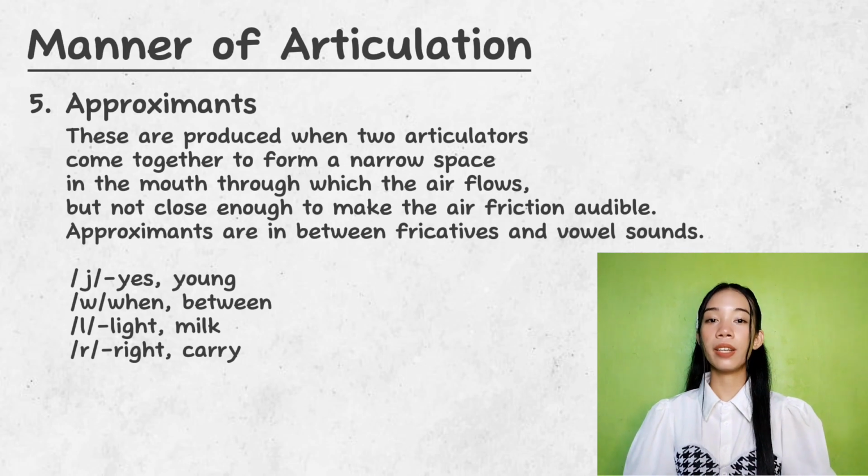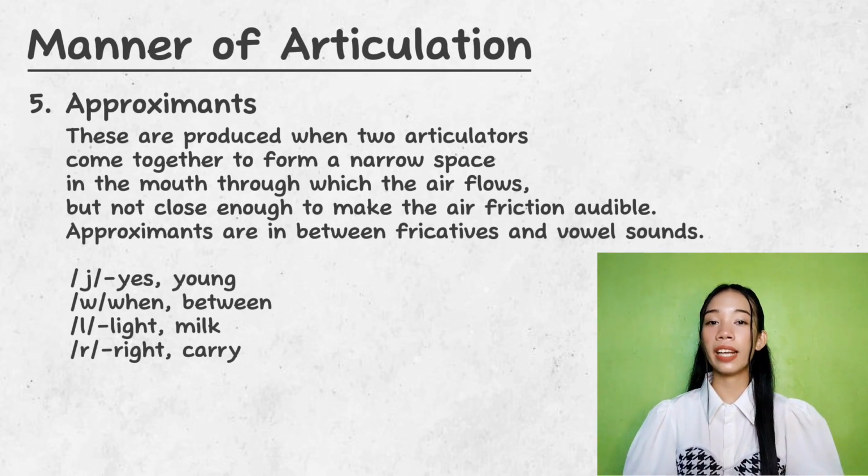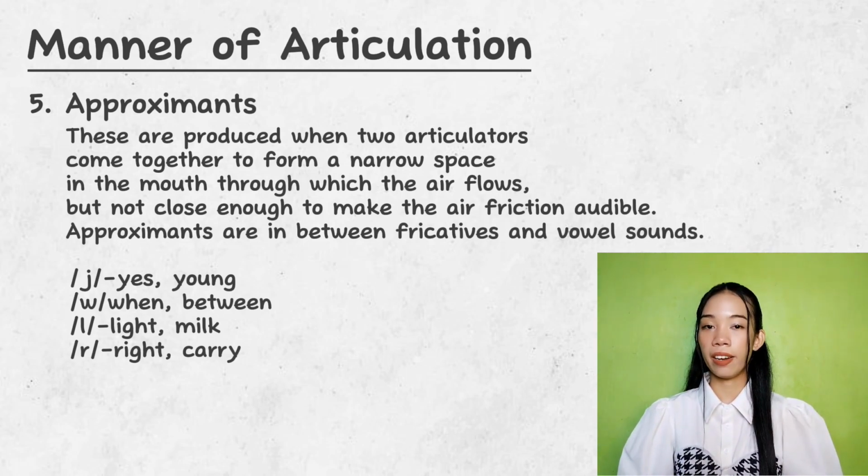And here are the four approximants that we have in English. First of all is y in yes and young, w in when and between, l in light and milk. The light or milk, yes, there is a dark and a light L, but they don't really cause any difference in meaning. So we just treat it as one phoneme, l. And then we have r in right and carry.